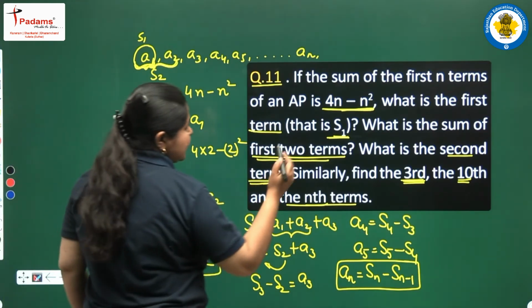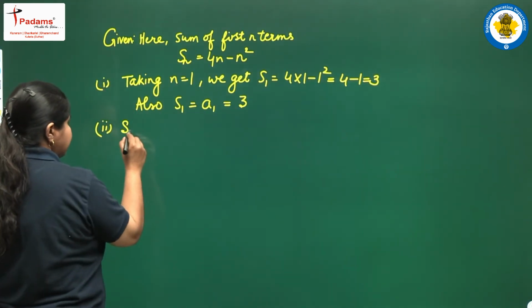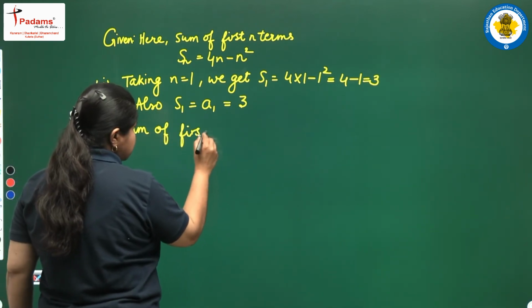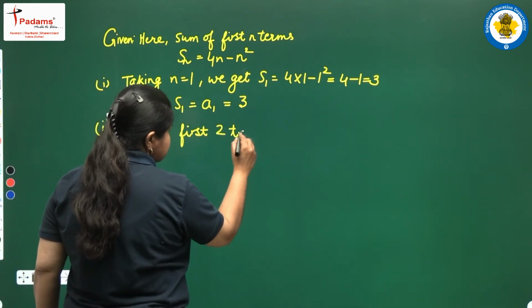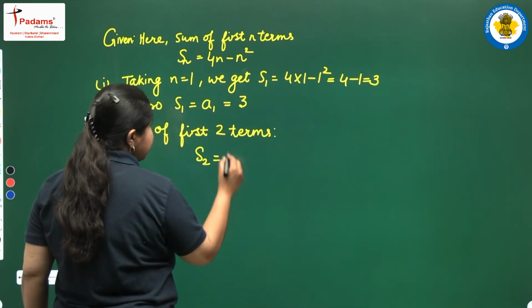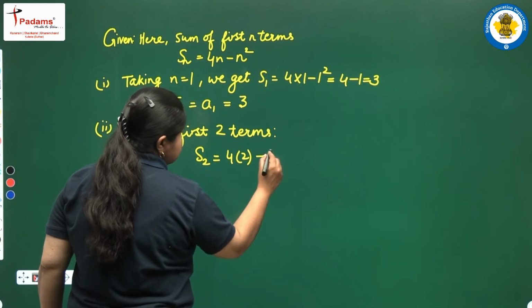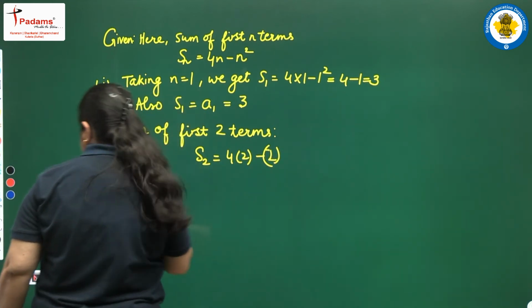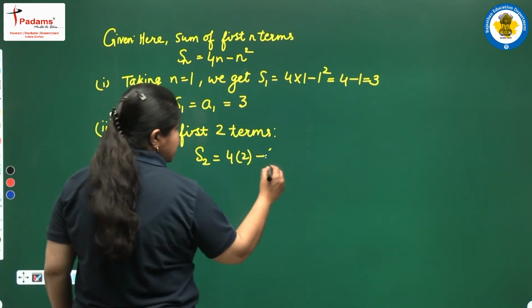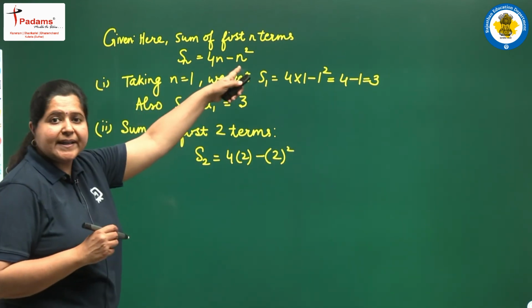Next we have been asked, let me write it point wise. We have been asked, what is the sum of first two terms? So we write here sum of first two terms. It will be given by S2, and for that, in place of n we will put 2. We are using this formula Sn equal to 4n minus n square.